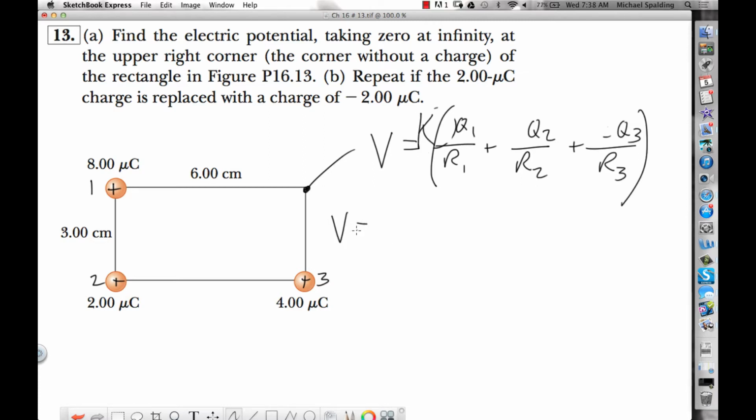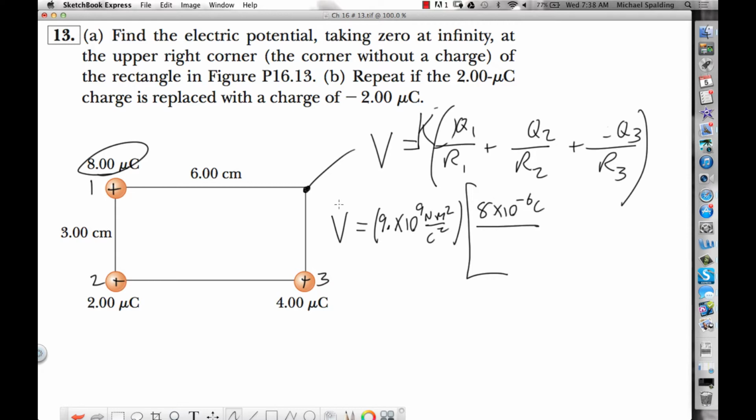All right, so here we go. We're going to have K, which is 9 times 10 to the 9th newton meter squared over coulomb squared. Q1, this guy right here, is 8 times 10 to the negative 6 coulomb. Now what's the distance from him over to that point? 0.06 meter. Plus, go to Q2, 2 microcoulombs, 2 times 10 to the negative 6. What's the distance here? You have to do a little bit of trig.